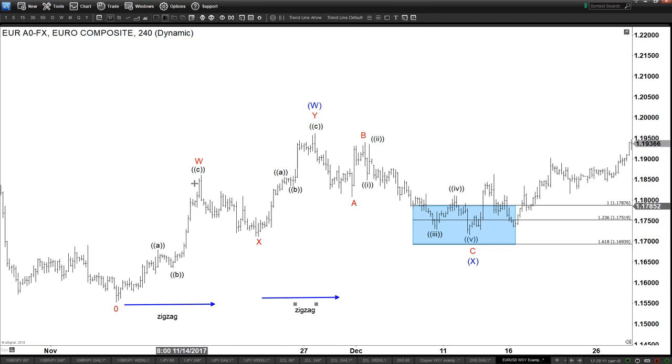But in this example, we're going to be focusing mainly on this WXY in red, that is subdivided into a zigzag on the left side and a zigzag also on the right side. So I'll see you guys again in other videos talking about other different structures.